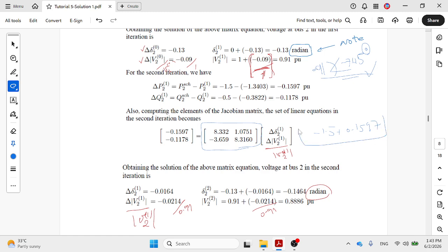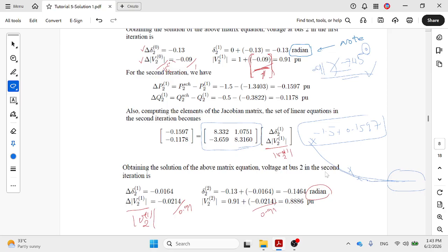Okay, if you consider the rate of convergence of this one, you can see it's 1.5, then becomes a small value, then smaller, smaller, smaller. Suddenly it reached a steady state value.